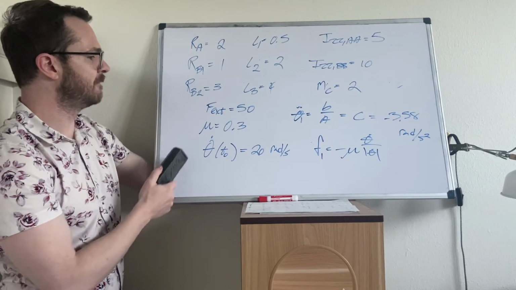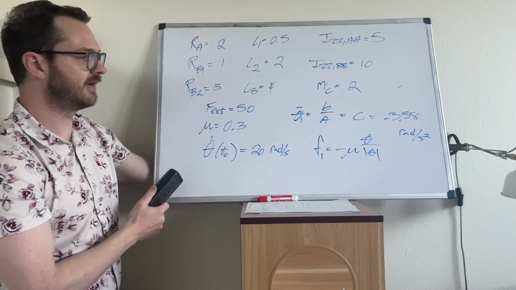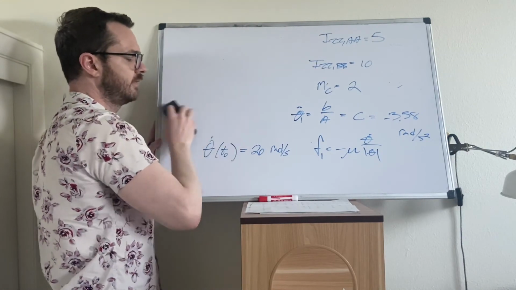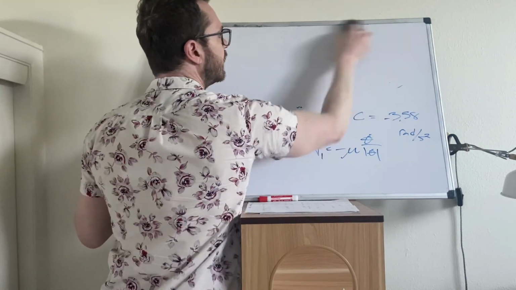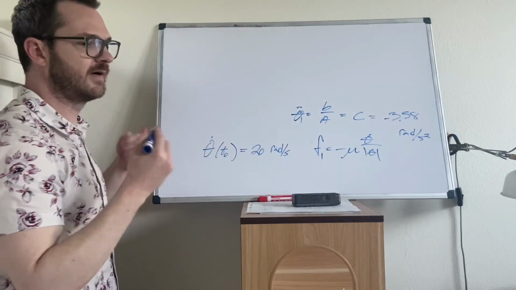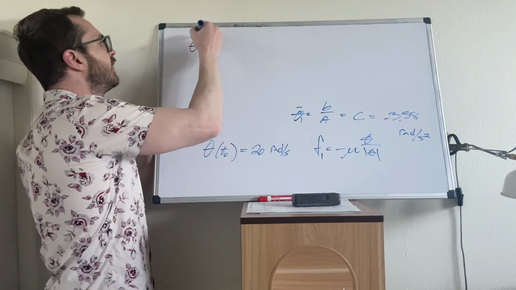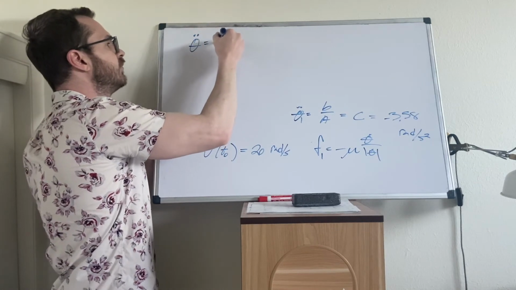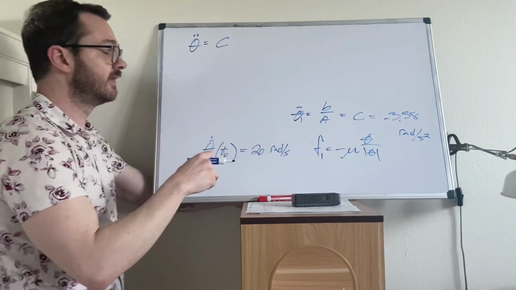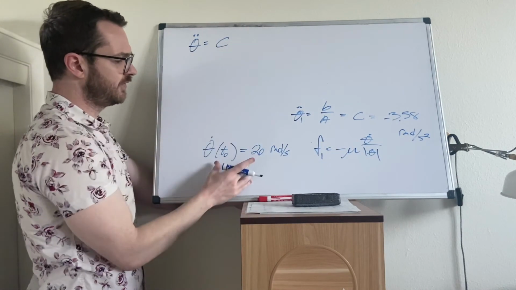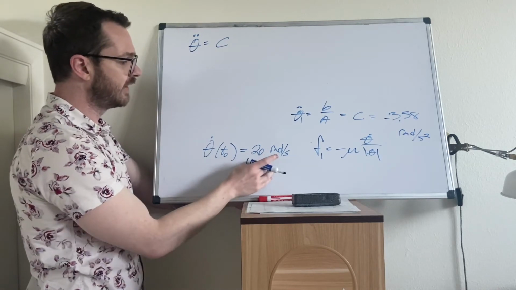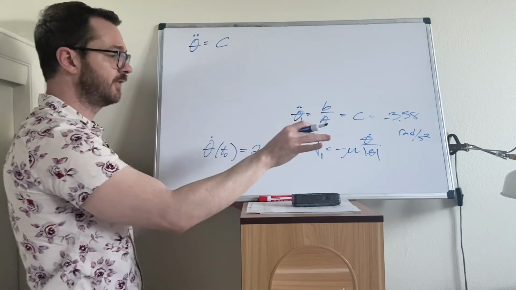Okay, because it does not change with theta dot, we can analytically integrate, and let's say that theta double dot is equal to C. C is a constant. It doesn't change with time, because the value that is changing with time is theta dot, and as theta dot changes with time, C does not.